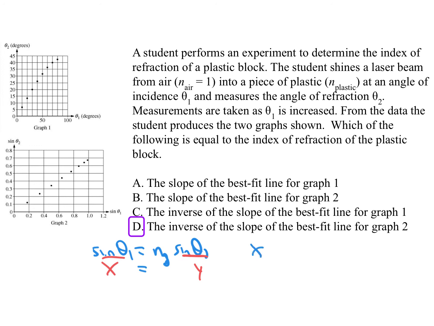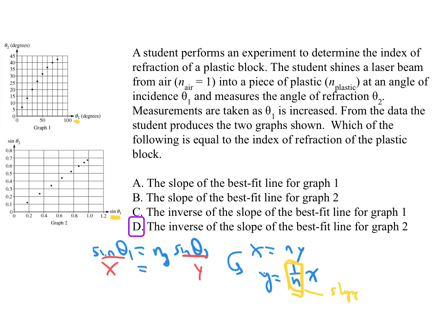And so we have something like x equals n y. So I want to say that y is 1 over n times x. So 1 over the slope gives us n. So it's the inverse of the slope of the best fit line for graph 2.